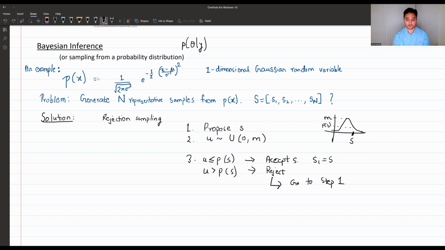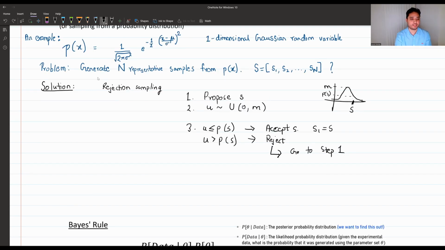But for now, suffice to say that we can sample from a probability distribution that we know what it is. So two important things are going on here. One is, what if P of X is unknown?